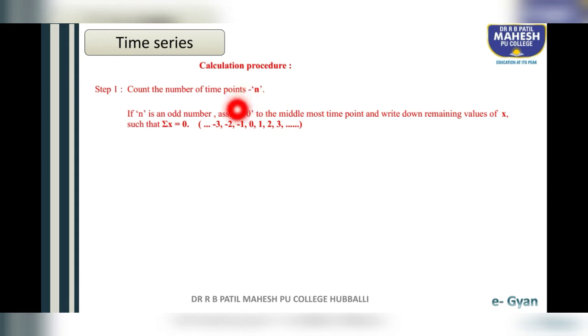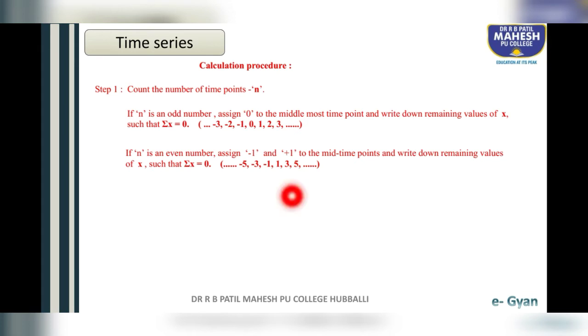When odd numbers are given, in the middle put 0, then minus 1, minus 2, minus 3 below, and the values above increase as 1, 2, 3. Suppose n is an even number, assign minus 1 and plus 1 to the middle time points and write down the remaining values of x.